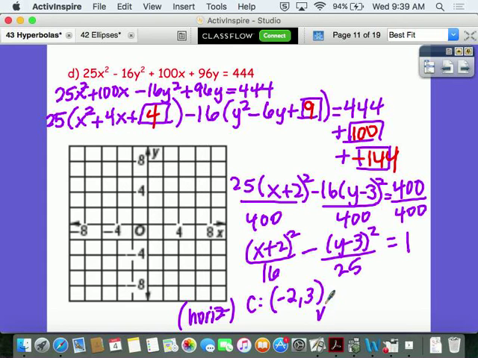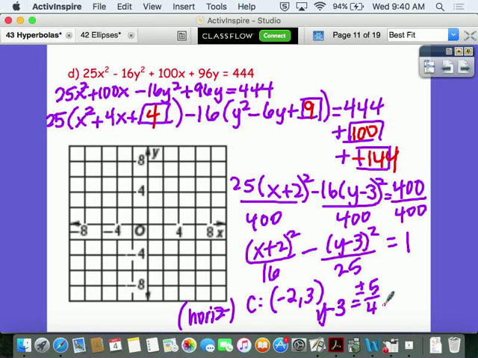What are my asymptotes? It's going to be over A, so 5 over 4 plus or minus 5 over 4. What's K? It's going to be y minus 3. Remember, it's y minus k.